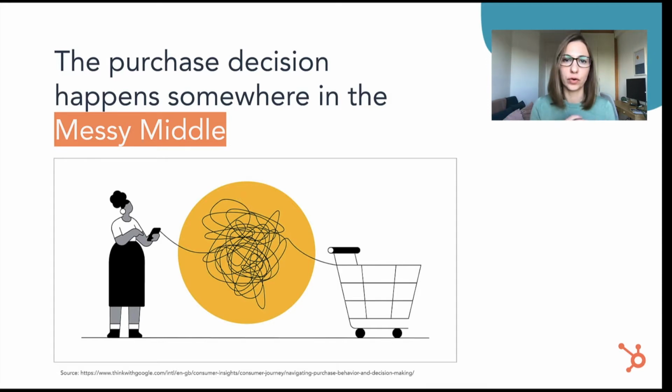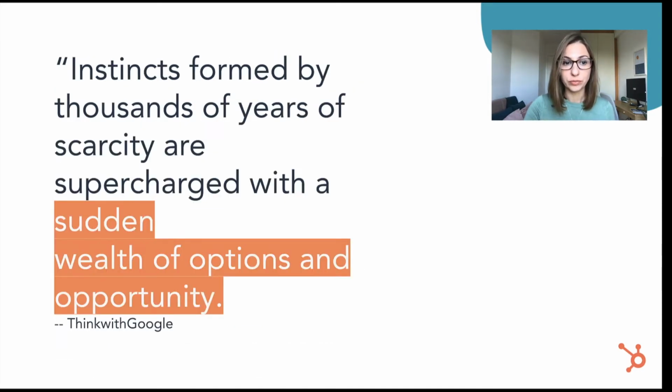They look for price comparisons. They ask for information from peers. They look at what influencers or thought leaders in their space recommend. Because this whole process is not linear at all, Google calls it the messy middle. And I think it's a really good metaphor for how the customer journey looks right now.